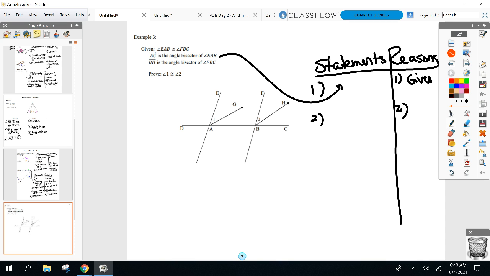Just our standard halves of equal quantities. Before you're done with the proof, do I have a pair of equal quantities?